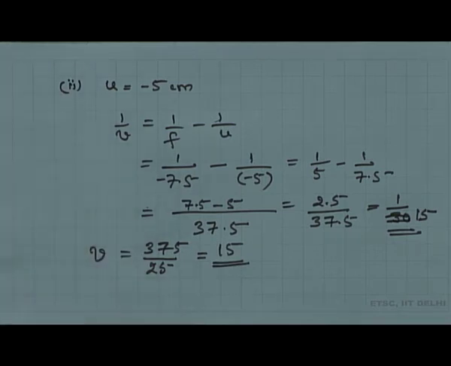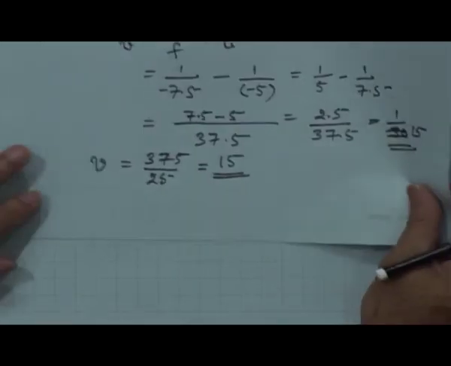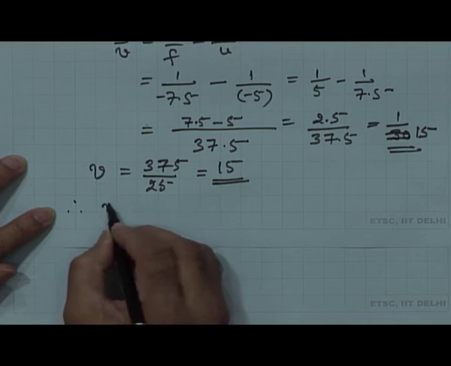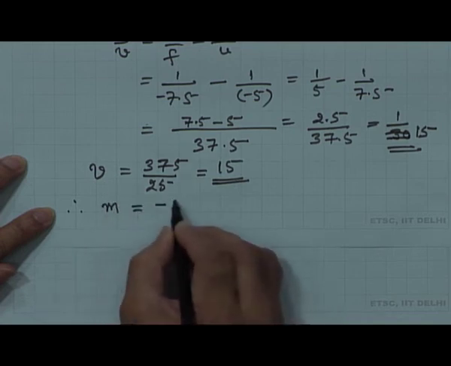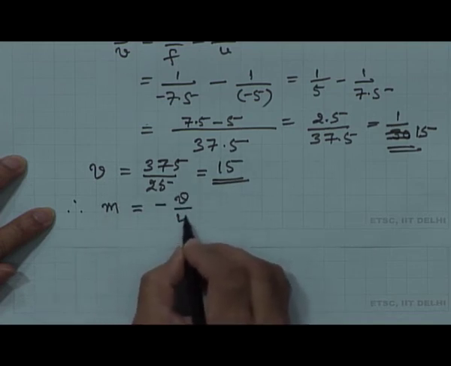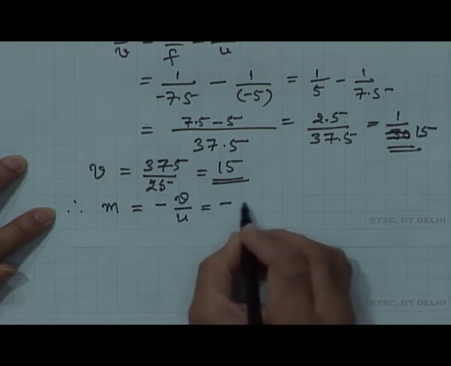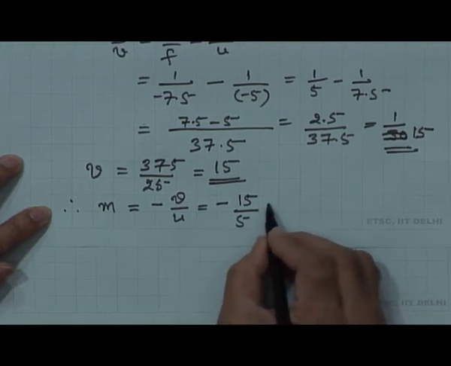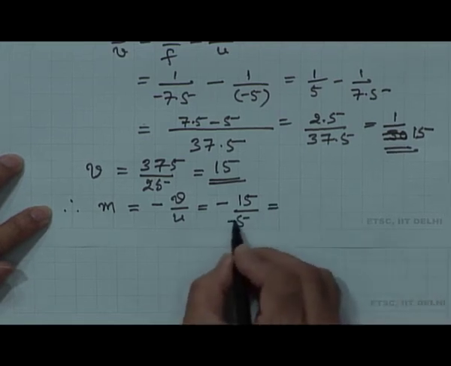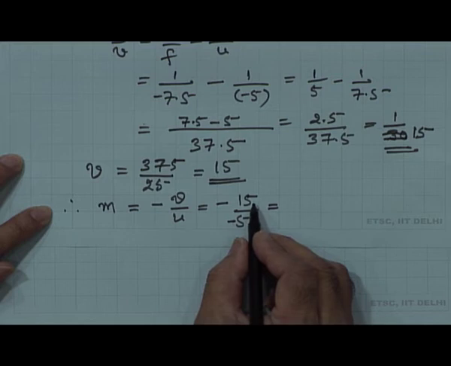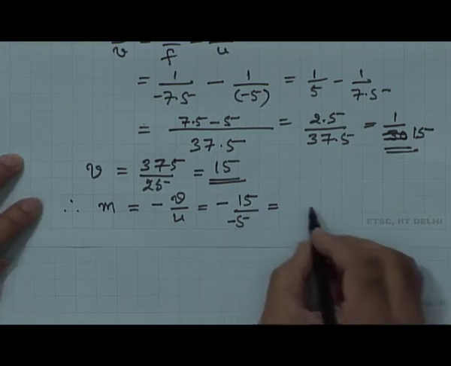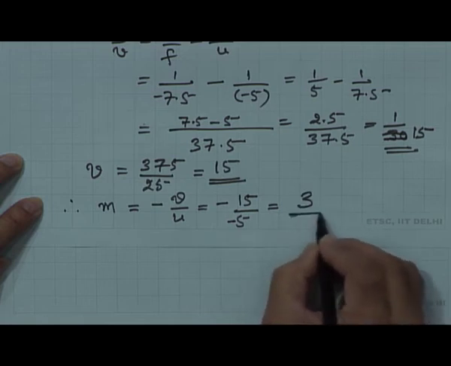So, we see that, therefore, magnification m is equal to minus v divided by u, which is equal to minus 15 divided by minus 5, which is equal to 3.